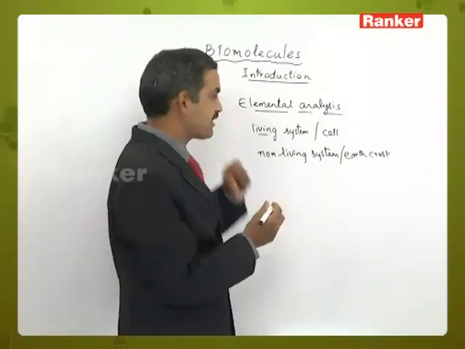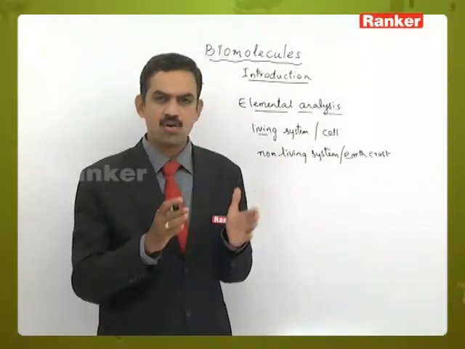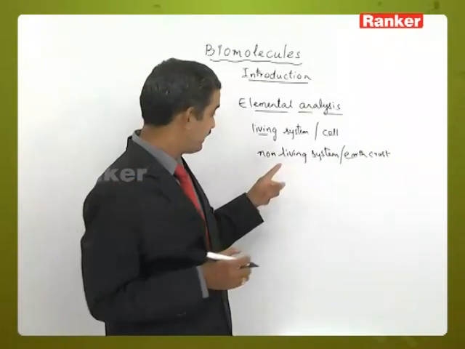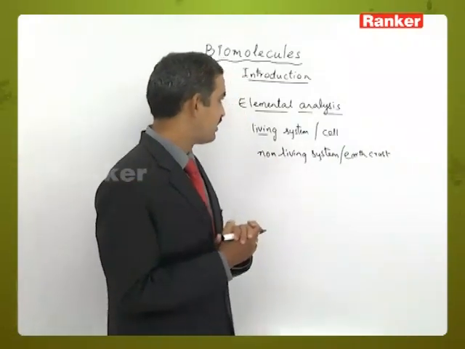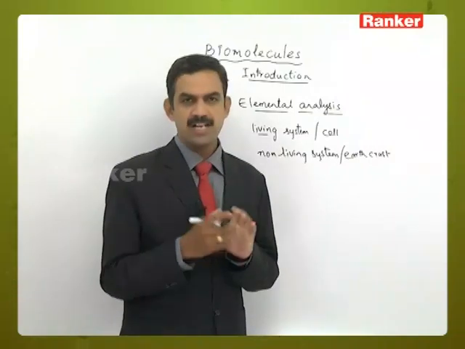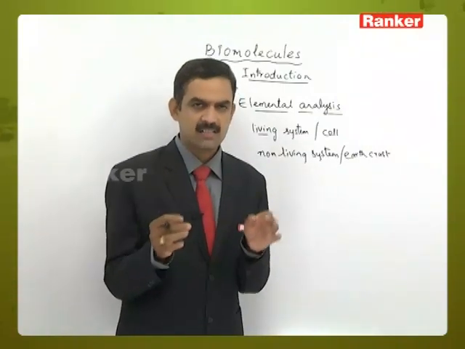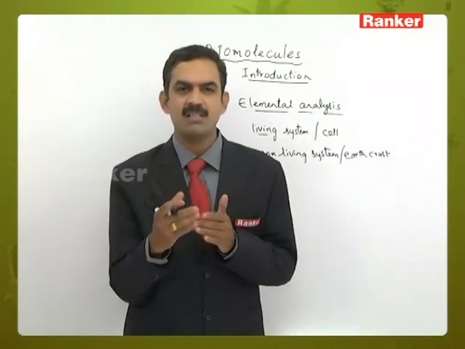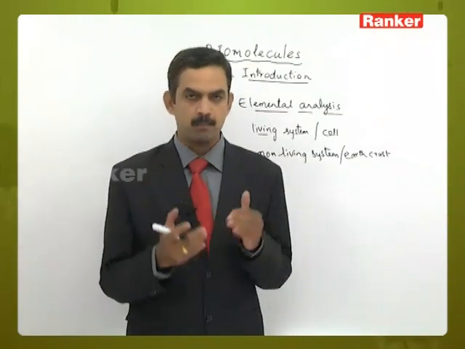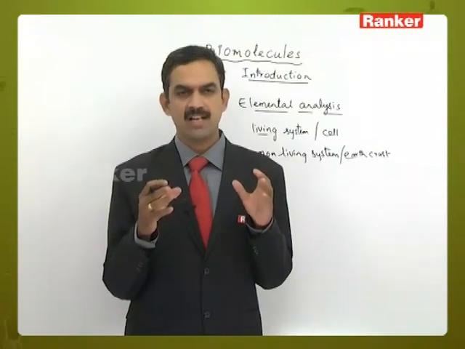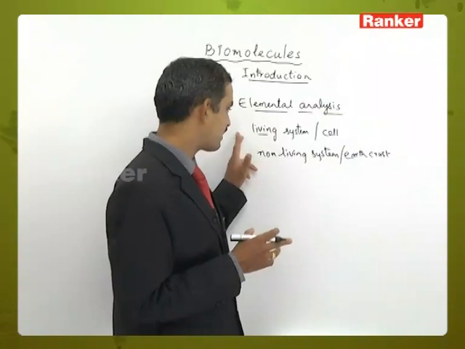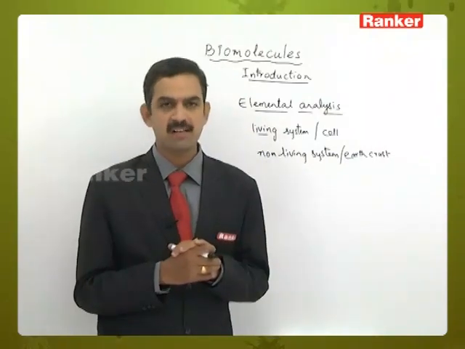Consider that the living system contains carbon, hydrogen, oxygen, nitrogen, phosphorus, sulfur, potassium, etc. In the same way, if you analyze the non-living system like the earth crust, that also contains the same types of elements. The quantity of the elements present may differ, but basically the elements present will be nearly similar in both the living system and the non-living system.